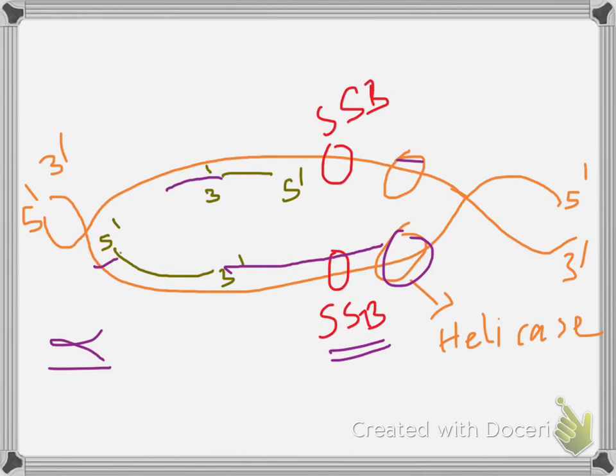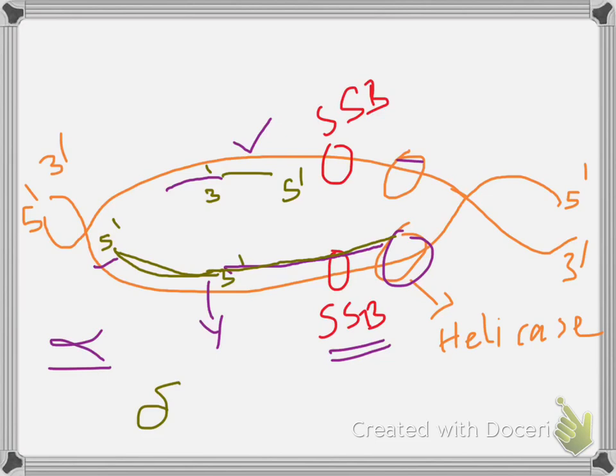So the synthesis of this strand requires many primers because it is the discontinuous strand, and this one is the continuous strand and it requires only one primer. So first of all, the primer is added by DNA polymerase alpha, and DNA polymerase delta continues these strands by adding the nucleotides continuously.